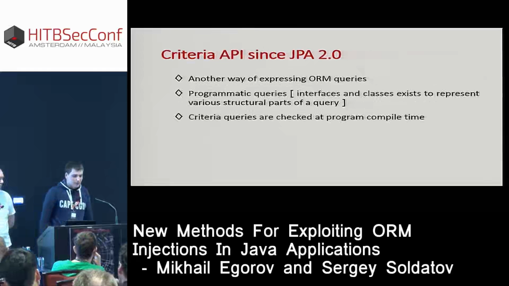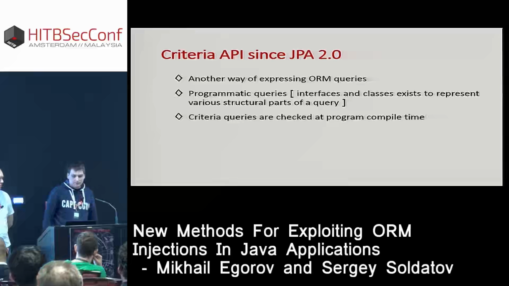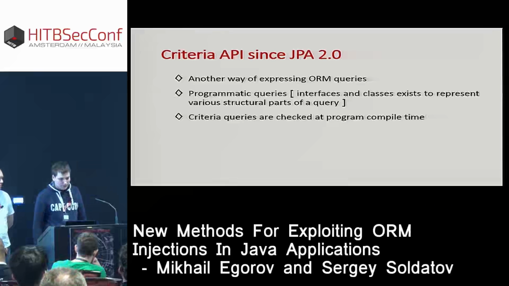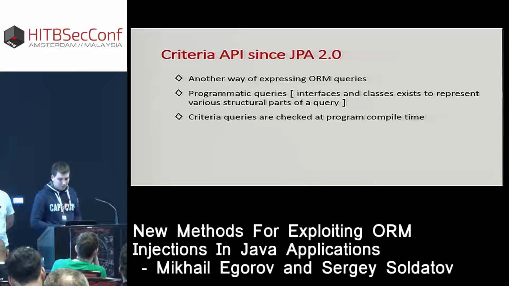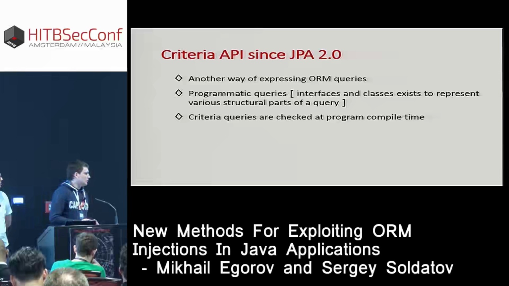And since JPA 2.0, there is the Criteria API. This is a set of interfaces and classes to construct queries programmatically. So in your Java application, you have two alternatives.